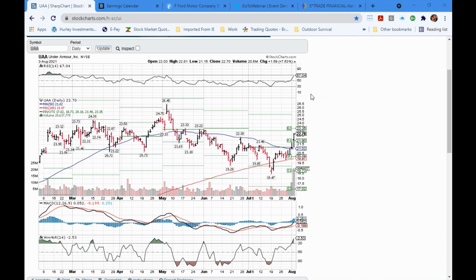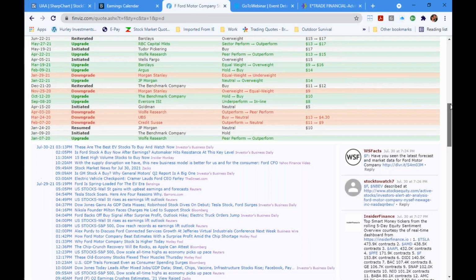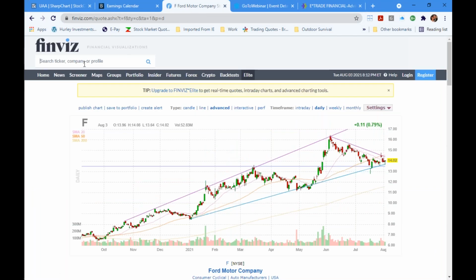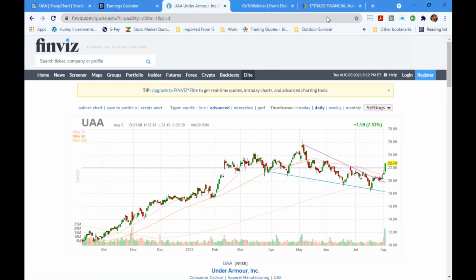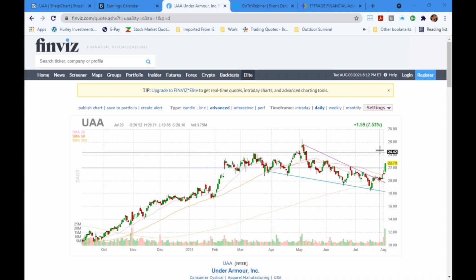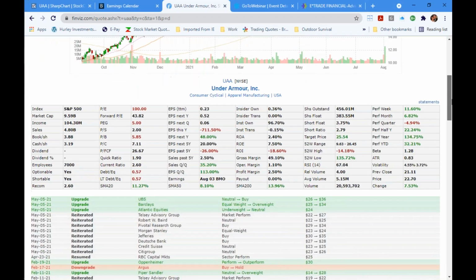Another issue that had my decision made for me versus making an adjustment. When I look at the chart of Under Armour up here, again, a pretty good run up to 26 as expected.